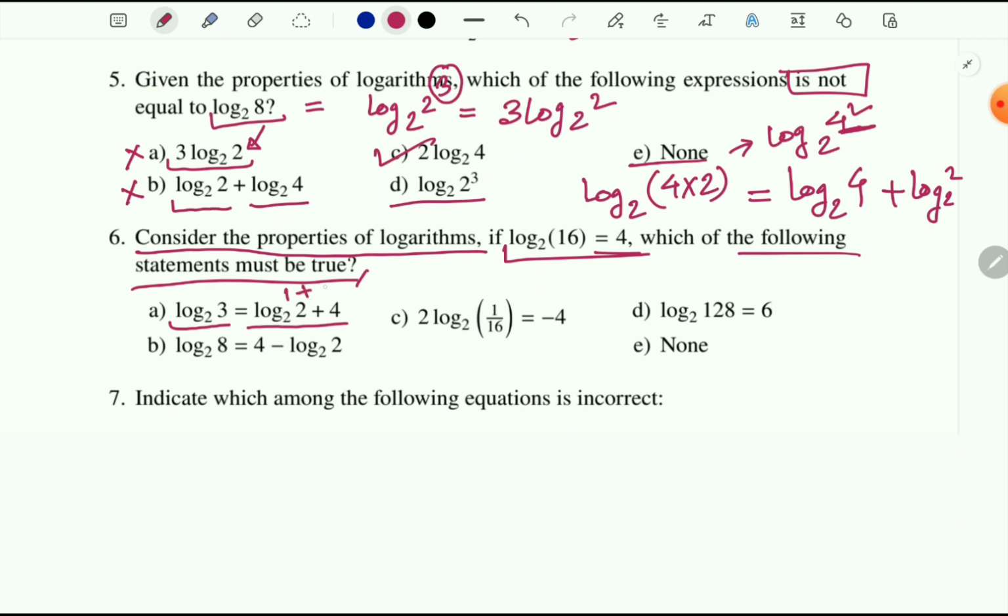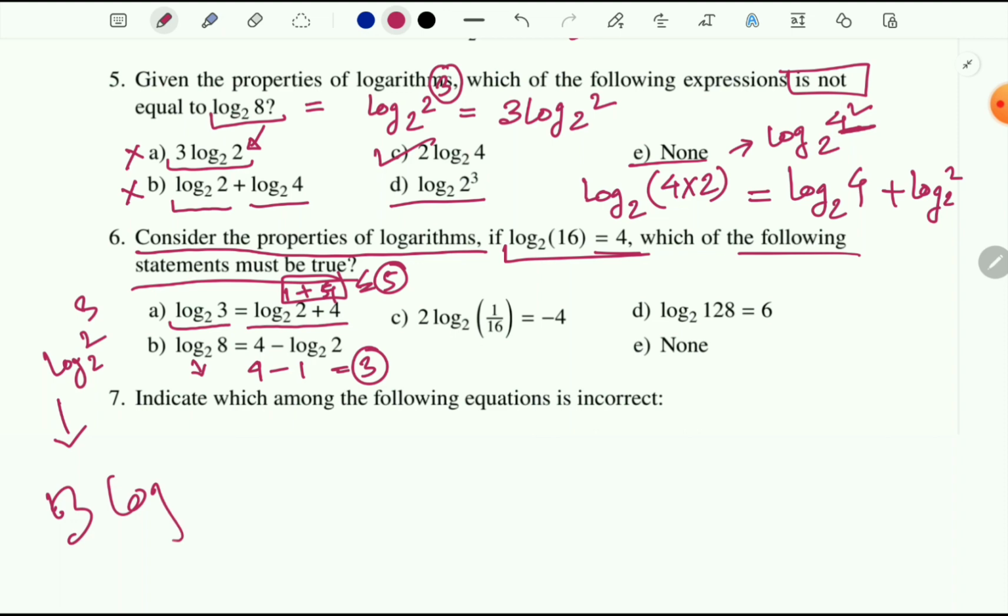Log 2 of 8 gives us 4 minus 1, 3, and here we can write log 2 cube, so we can write 3 log 2 base 2, and we know when base and argument are the same, this means it is 1, so our result is 3. So yes, 3 equals 3. This is right, the correct answer.